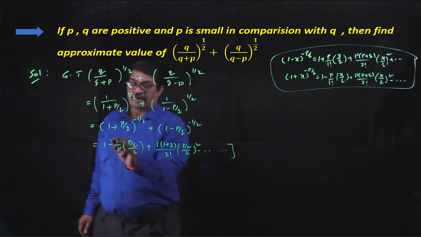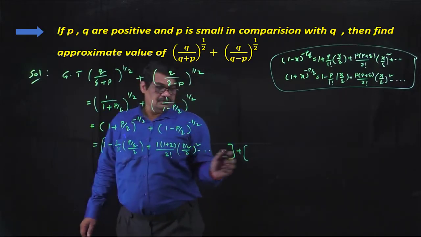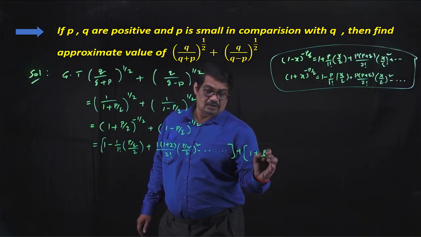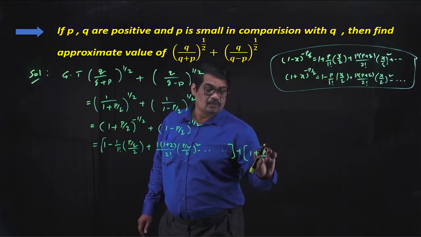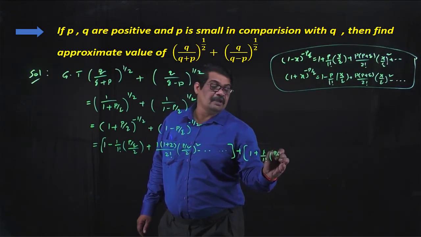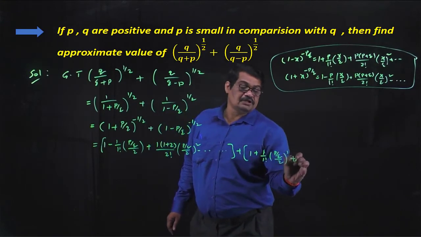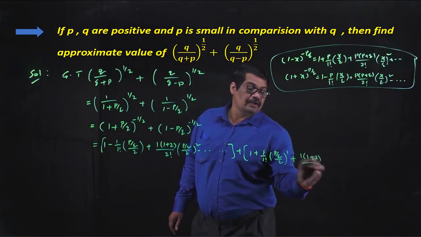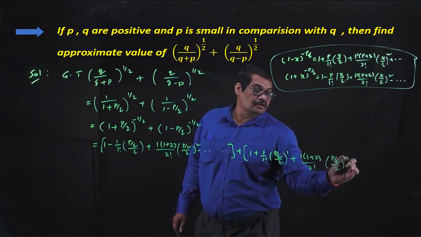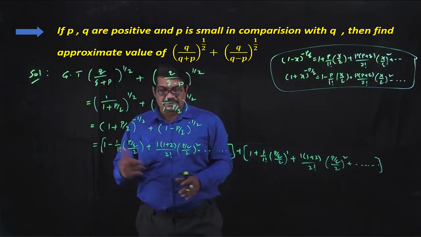This is the expansion, plus this is the expansion, that is 1 plus 1 by 1 factorial into x by q, that is (p by q by 2) whole power 1. Next p into (p plus q) by 2 factorial into (p by q by 2) whole square plus and so on. This is the expansion of these two terms.